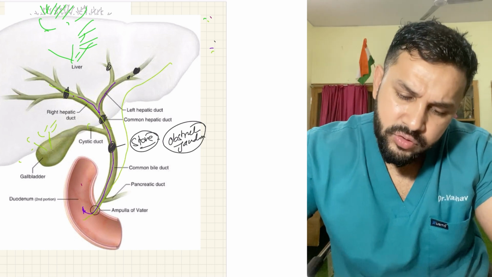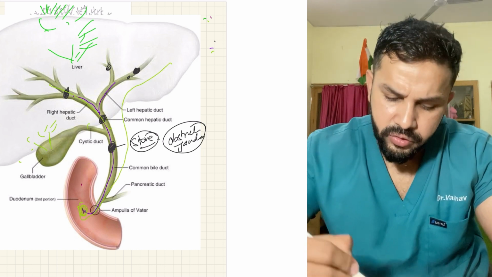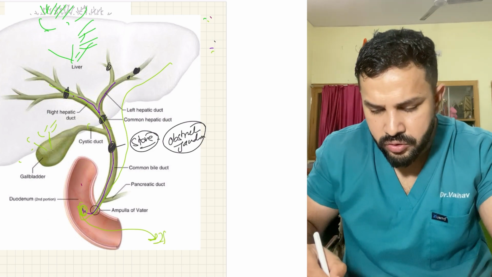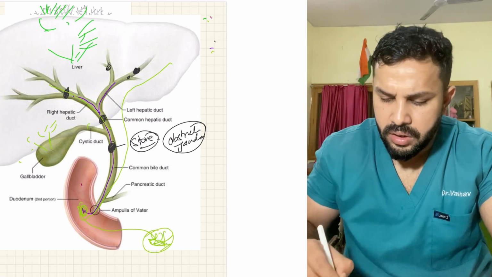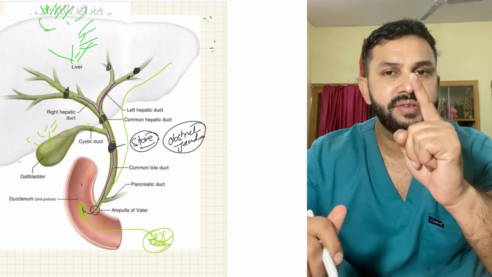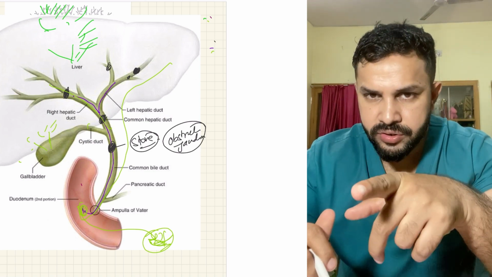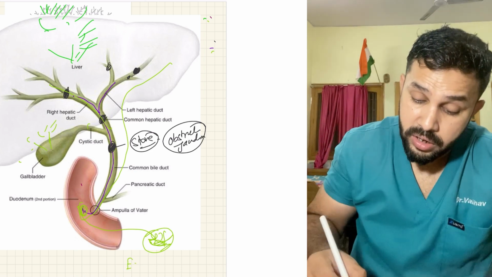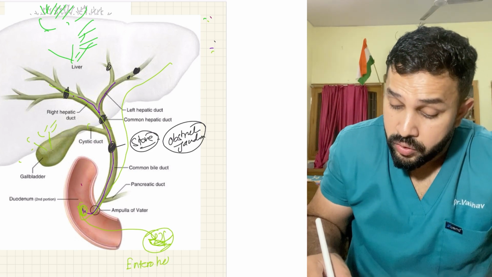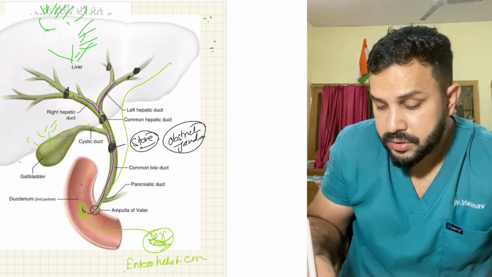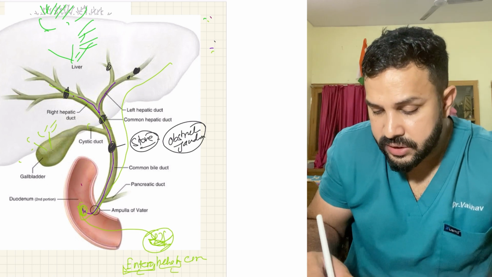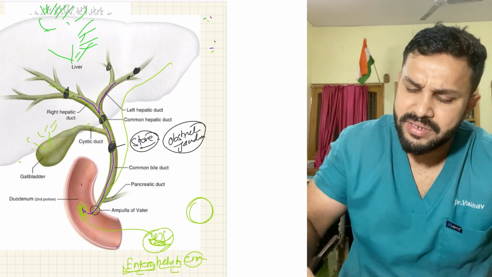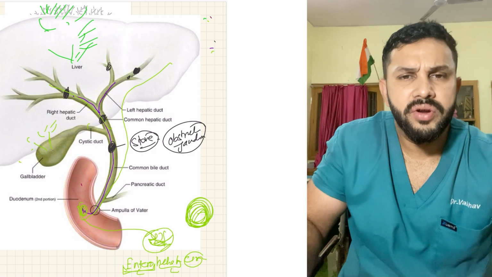The bile has to flow from here into the duodenum, and from here into the intestine. From the intestine it goes to the ileocecal part and is again absorbed, called enterohepatic circulation. Entero means gut, hepatic means liver, circulation means it keeps on repeating.